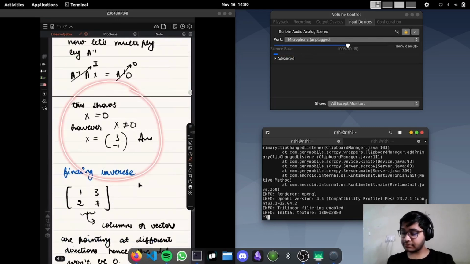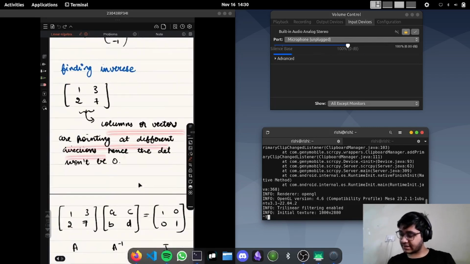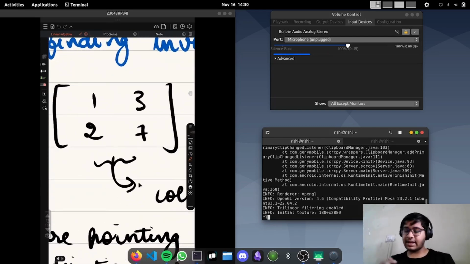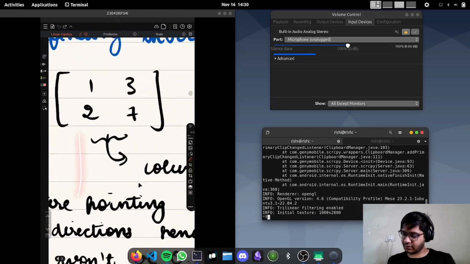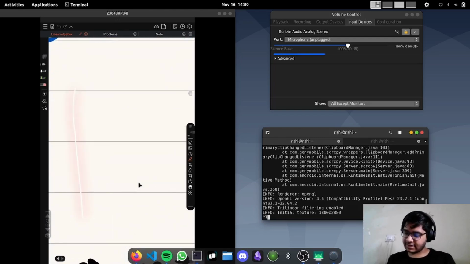When finding an inverse, the columns or vectors are pointing in different directions, hence the determinant won't be 0. We can know this intuitively: these vectors are pointing in very different directions. Here they are not very different, because if 1 2 is pointing here, then 3 6 is also pointing the same way.